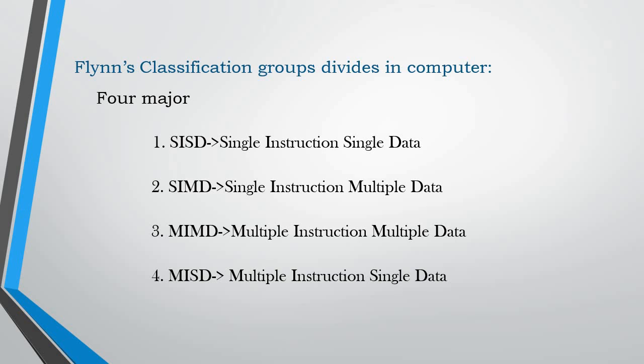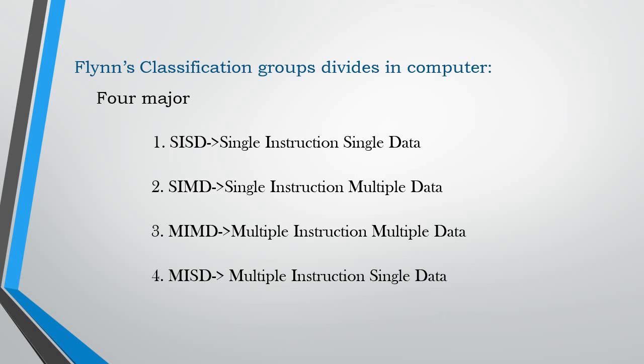The SIMD, single instruction stream, multiple data stream, represents an organization that includes many processing units under the supervision of a common control unit. All processors receive the same instruction from the control unit but operate on different items of data.